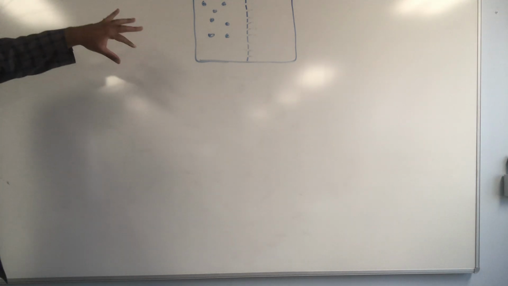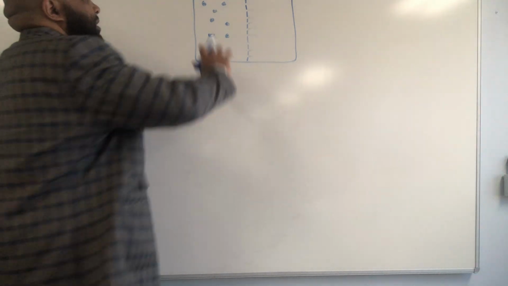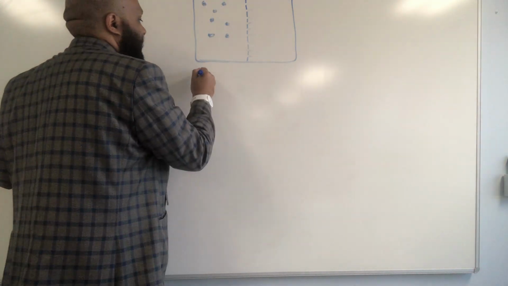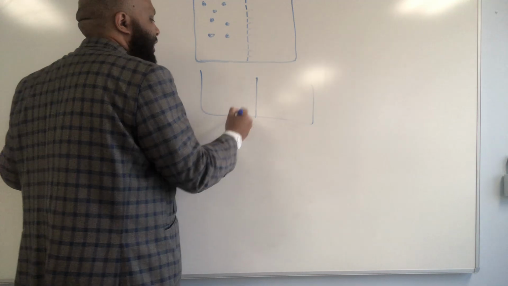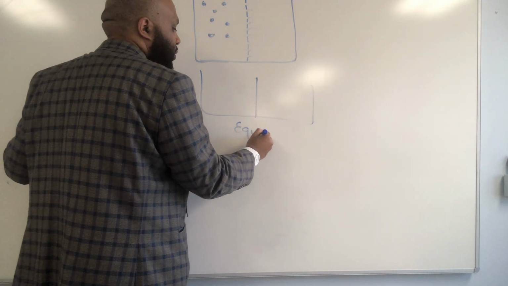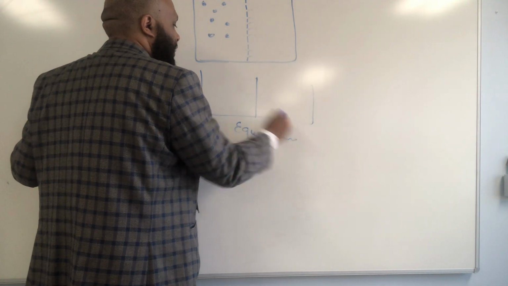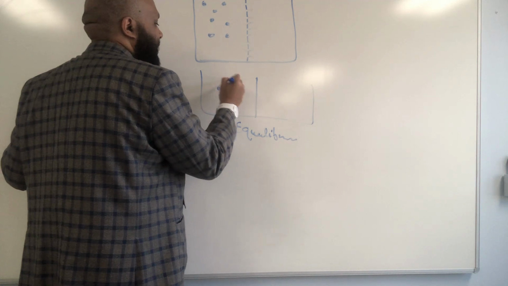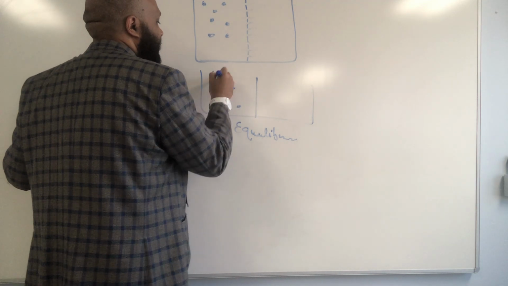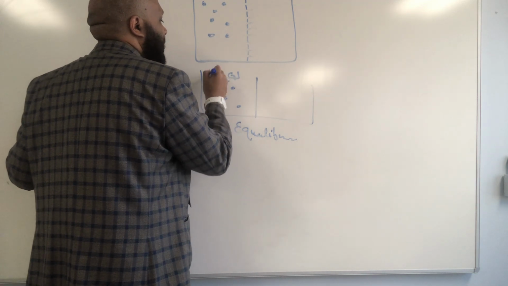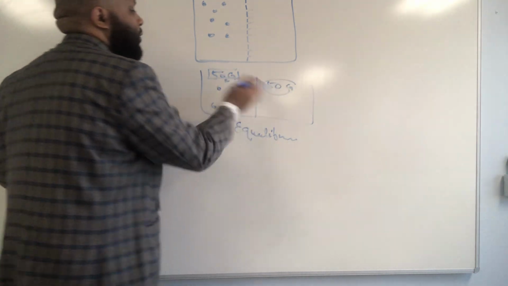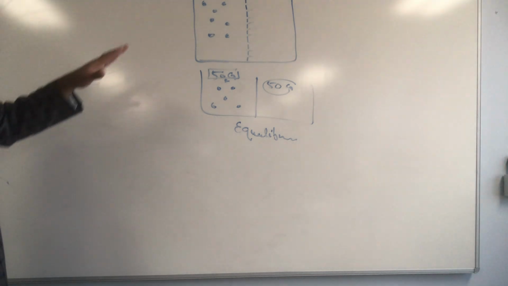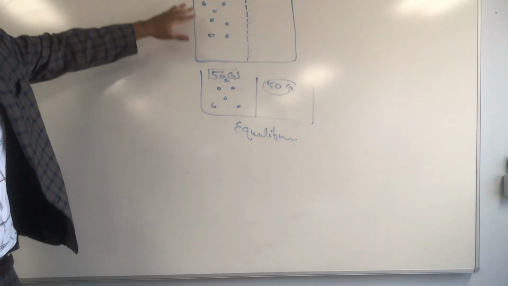You will see that glucose is going to move from A to B, and the movement is going to stop when you have equilibrium. Equilibrium will be when I have 50 glucose molecules on each side. So that's how diffusion happens.